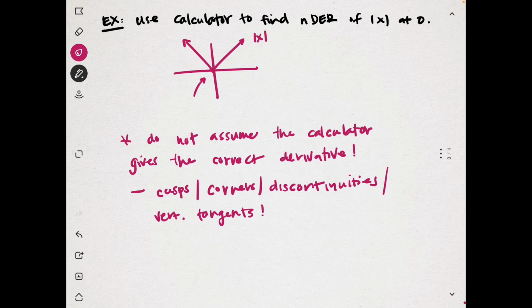So be very careful. Just because you think that some function is going to have a derivative at a point because the calculator said so, be very aware that if it's located at one of those types of places where we can't find the derivative, it might not necessarily be true.